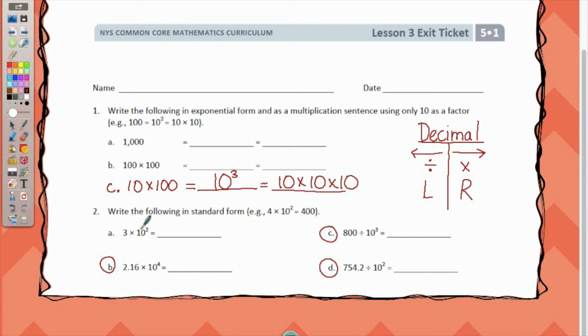Don't tell me the answer, but how are you going to do it? In your head. What are you doing in your head? Are you hopping the decimal in your head? Yes. You are not. What are you doing in your head? We're adding zeros. You're adding zeros in your head. So this one, you don't have to hop the decimal because it's the zero trick.